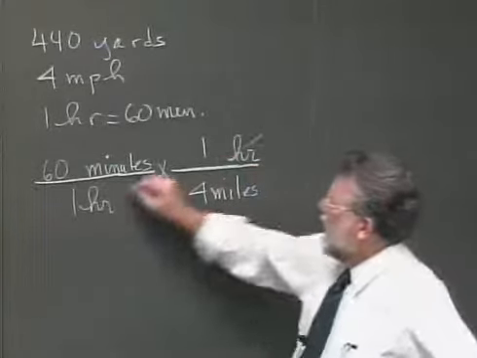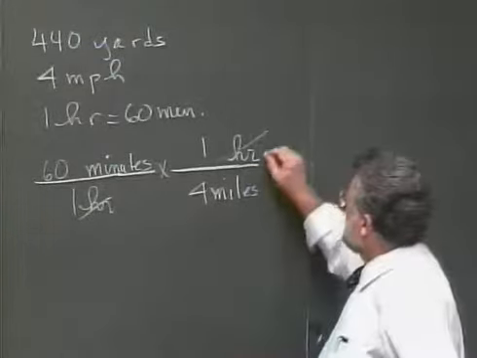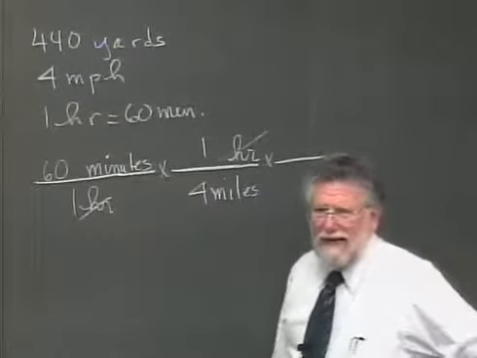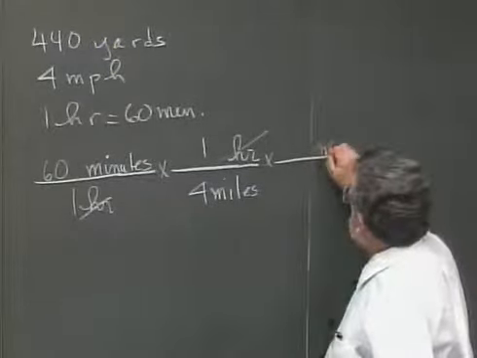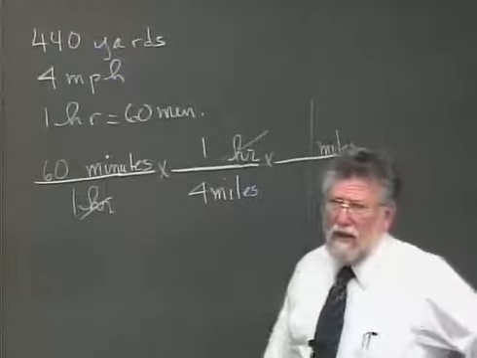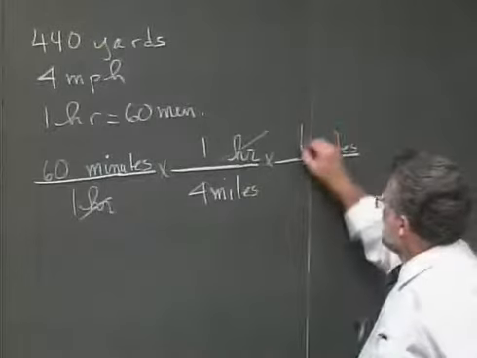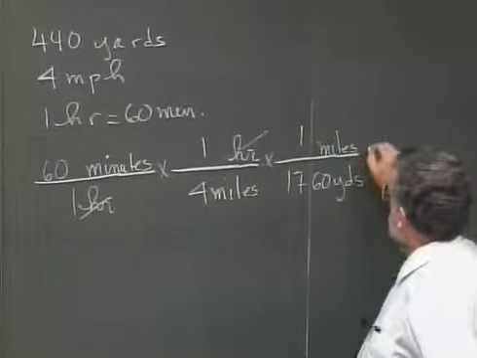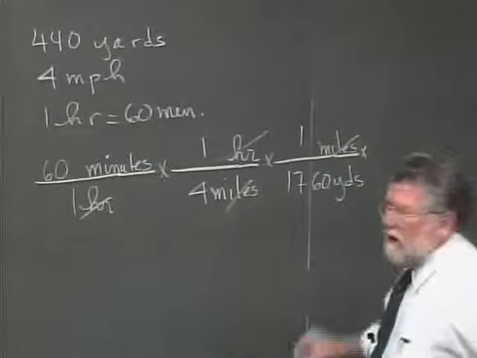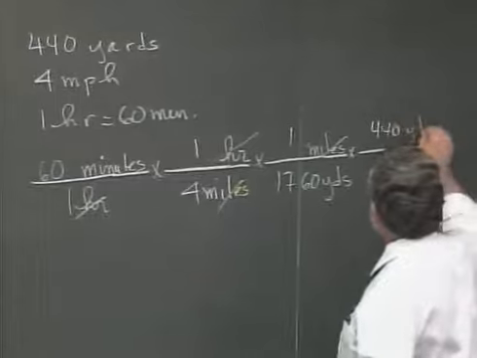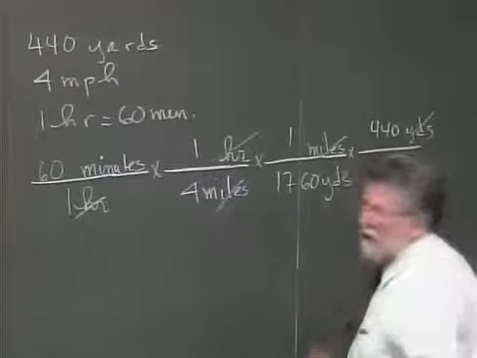The hours now cancel, but what must be in the next fraction? Miles. Okay, so I need a miles here, and that's where we have this equivalence that says what? 1 mile is 1,760 yards, and then finally I need that I have a 440 yards over 1, the yards cancel.